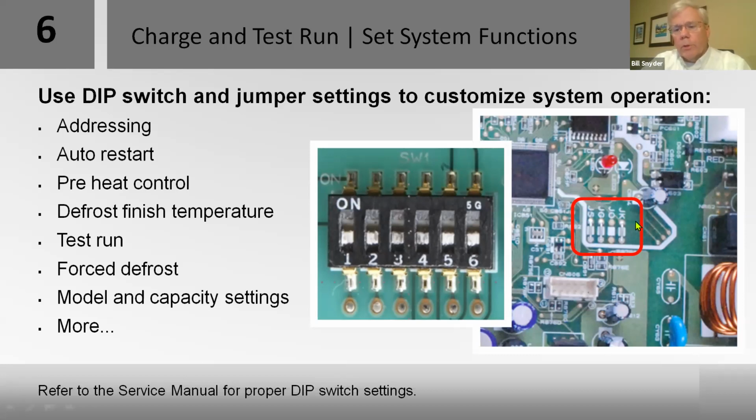We also have some jumpers here that can be cut in certain applications. The only time I've ever cut a jumper, in some applications, we want a thermal fan off. The consumer complains that in the winter, the fan is running all the time because we're sensing return air temperature, but they don't want that. They don't like that.